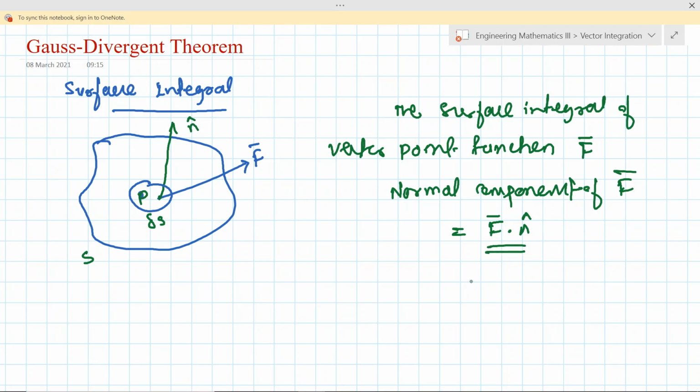And if we take the integration of this normal component of f bar over the surface, it is nothing but the surface integral.